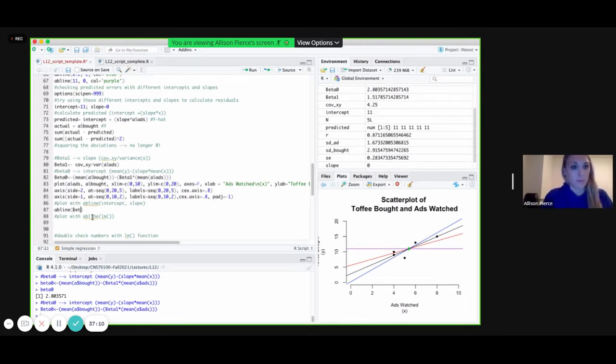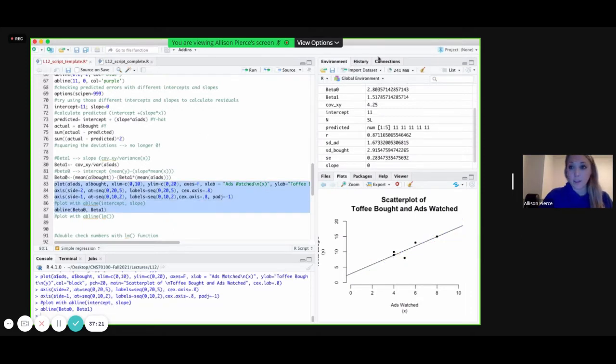Okay, so our intercept is beta 0, and our slope is beta 1. So let's see if we run this plot again, if it gives us the same regression line as if we run the lm.